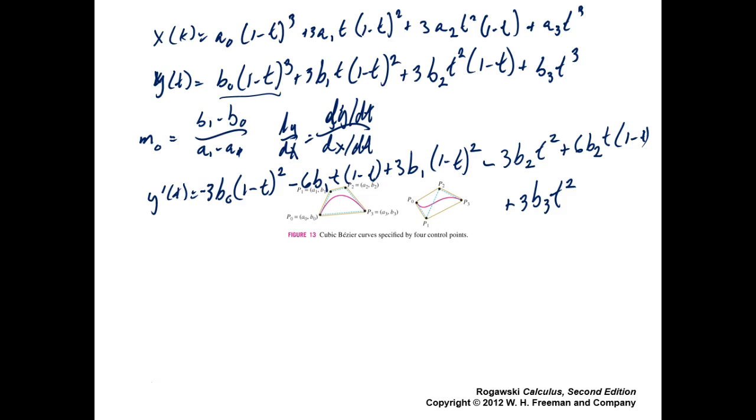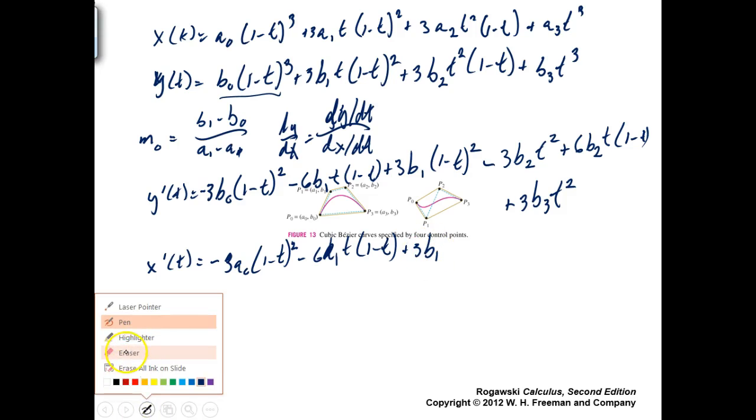Okay, so your x prime of t is exactly the same, you're right, minus 3a0 times 1 minus t squared minus 6a1 t times 1 minus t plus 3b1, the a1, I did it again, goodness gracious.